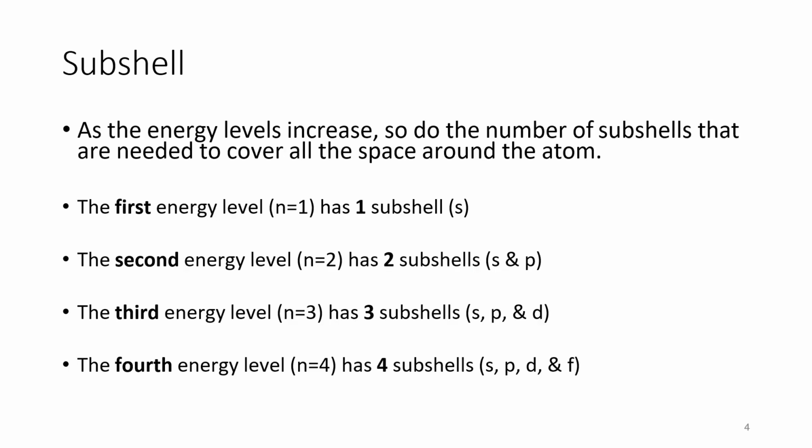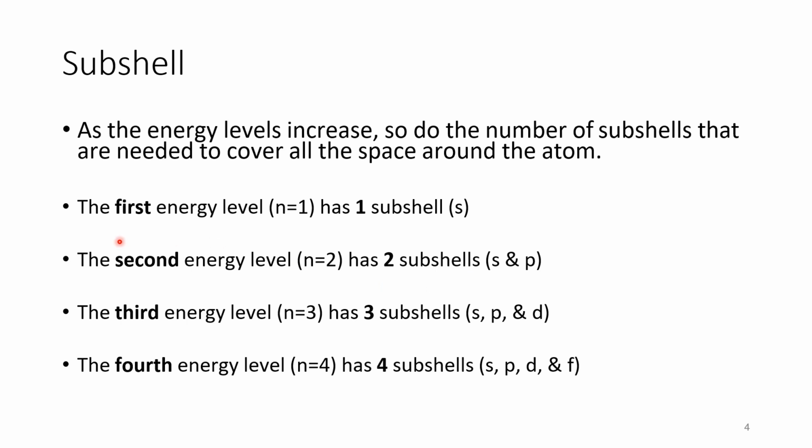Okay, let's move to the subshells. Think of the main energy levels, represented by n, as floors in a building and subshells as the rooms on each floor. As the energy level increases, the space around the nucleus gets larger, so we need more subshells to cover that space.